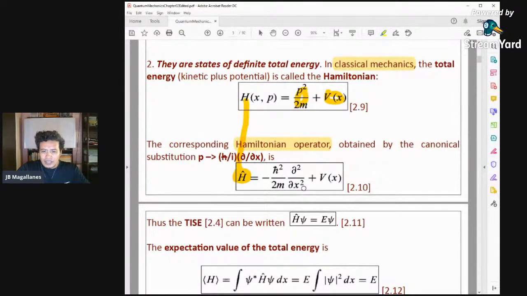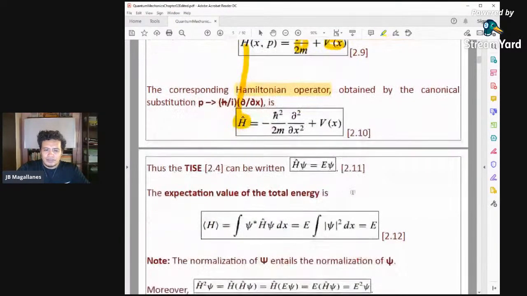So if you square this, you should get negative h bar squared times the second-order partial derivative with respect to space, plus V. So this is the Hamiltonian operator equivalent to the classical Hamiltonian.